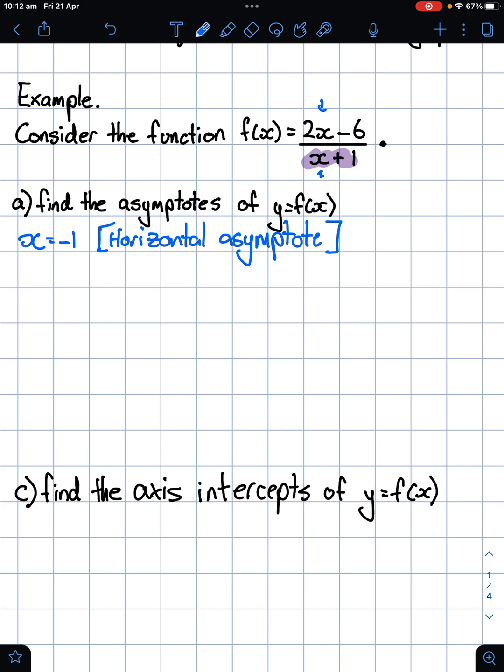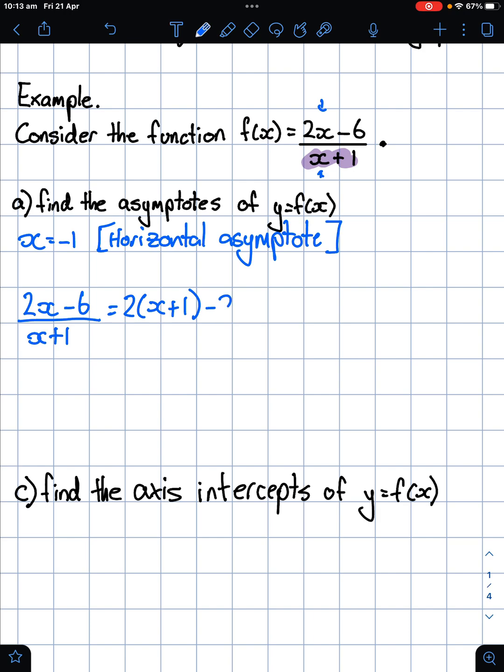but we want an algebraic way to figure this out. So we take 2x minus 6 over x plus 1, and think, can I get an x plus 1 in the numerator? Because then I can break this thing up. So if I go 2 times x plus 1, I've now added 2 into my equation.